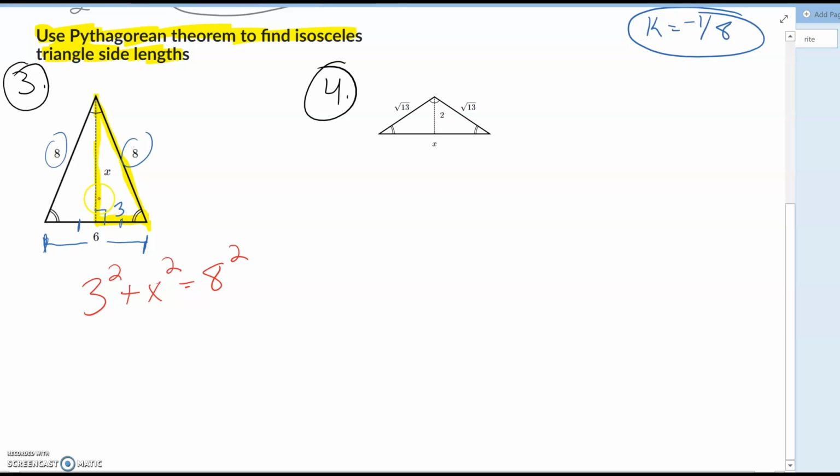Remember, the legs of the right triangle go on the left side. All right, so then if I subtract 3 squared on both sides, in my calculator, you can just do 8 squared minus 3 squared, which would be 55.